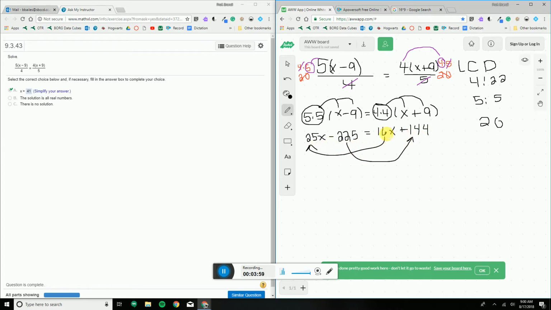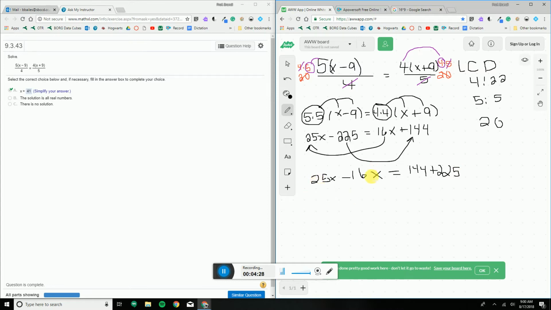So this way I can move 16 and subtract it from a larger number, so I'll get a positive. And I'll move 225 and I'll end up adding it to a number, so I'll still have a positive. So I'll have 225x minus 16x is equal to 144 plus 225.